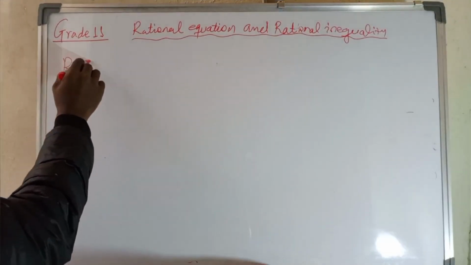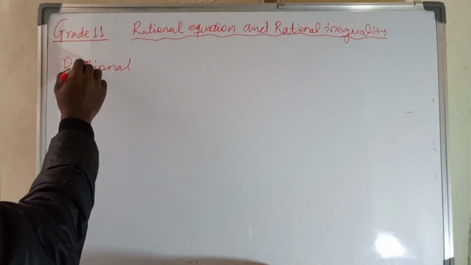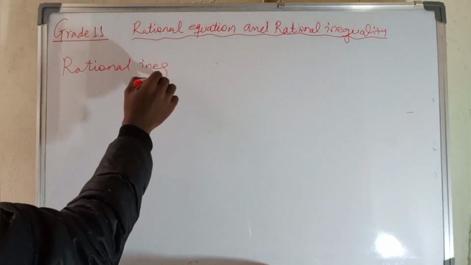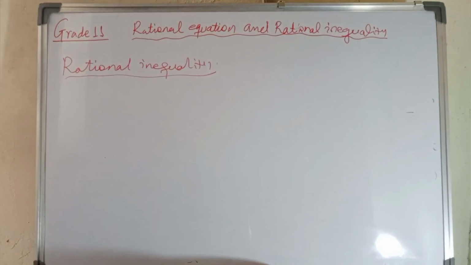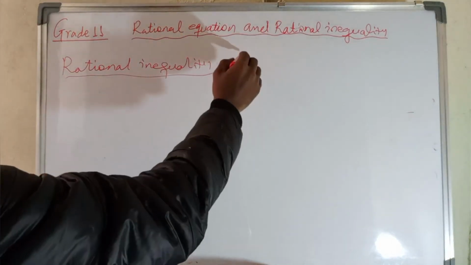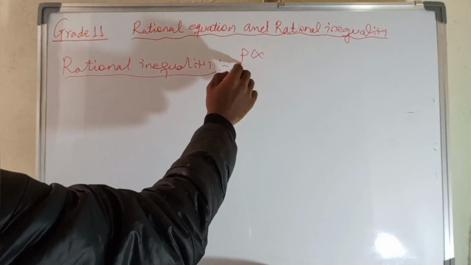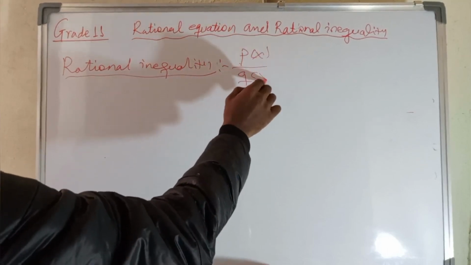Rational inequality. The other concept is rational inequality. The rational inequality involves a rational expression. The rational expression, that means p of x over q of x.